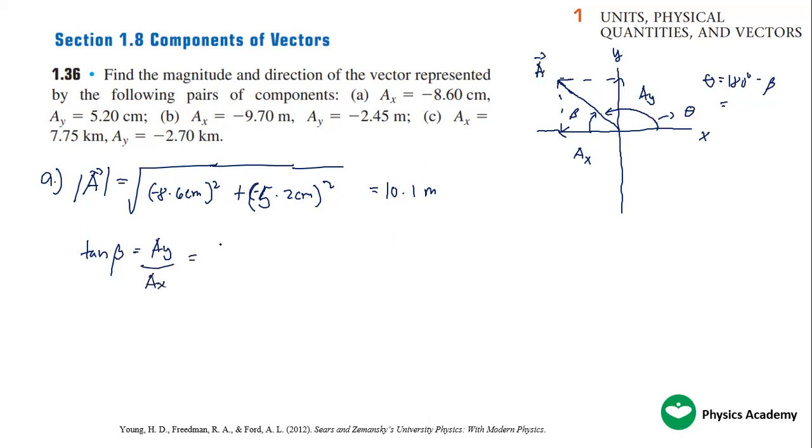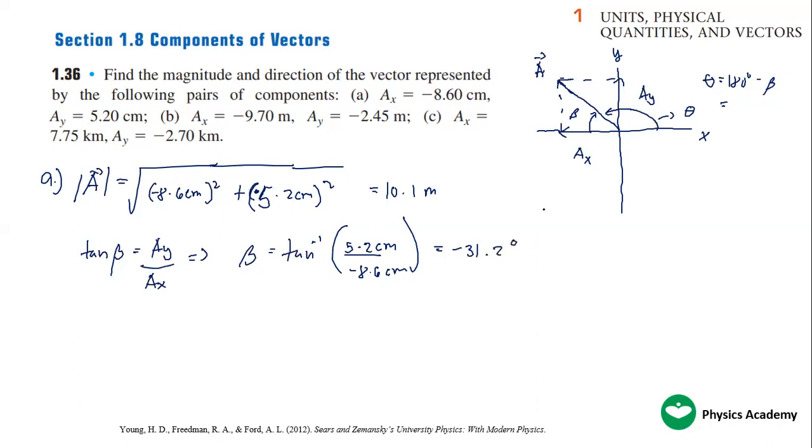So 5.2 centimeters over 8.6 centimeters. So your beta is shift tangent of 5.2 over 8.6, which will give you 31.2 degrees.